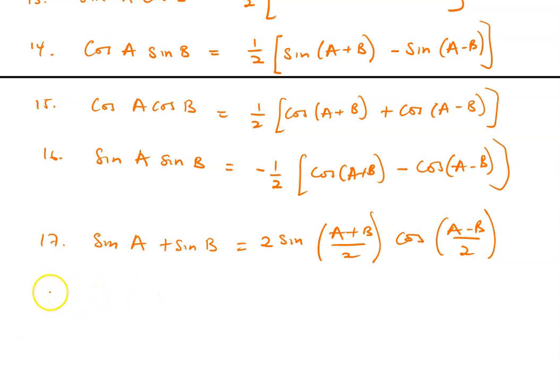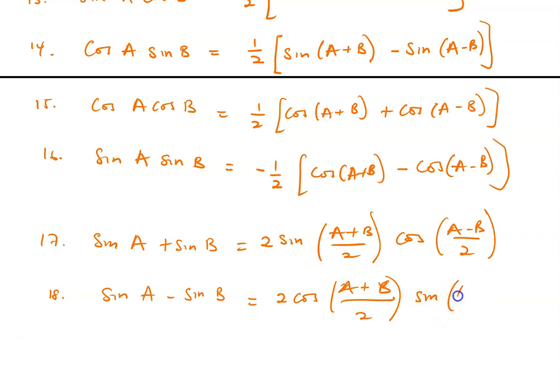And with 18, if I have sine a minus sine b, then I'm going to get 2 cos a plus b, all divided by 2, sine a minus b, all divided by 2.